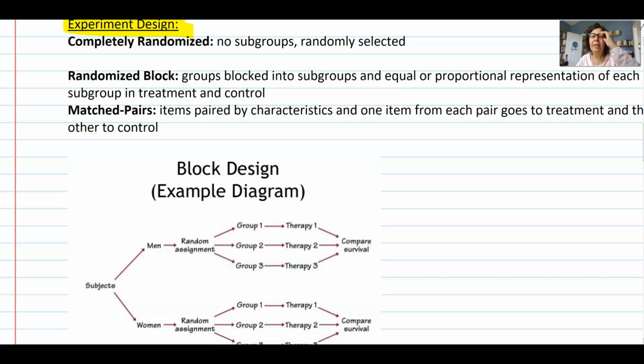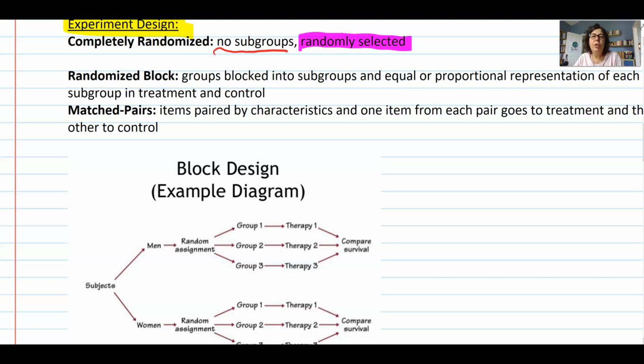So I want to give a first definition and an example. Completely randomized: you have no subgroup, you're just choosing randomly. There's no subgroup. That's the keyword. No subgroup.